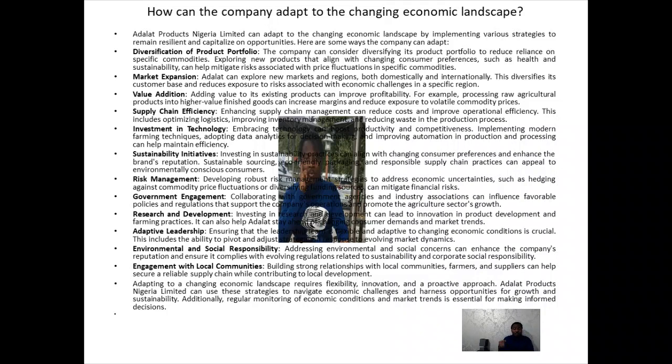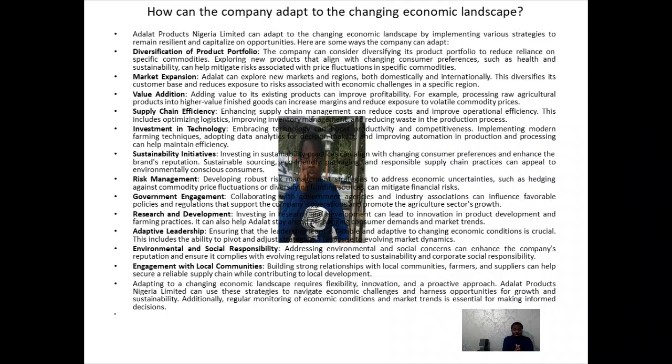You can include backward integration and forward integration in your argument and discussion in your answer. Investments in technology. The more technology-wise the Adalat business operations are, the more efficient they become.